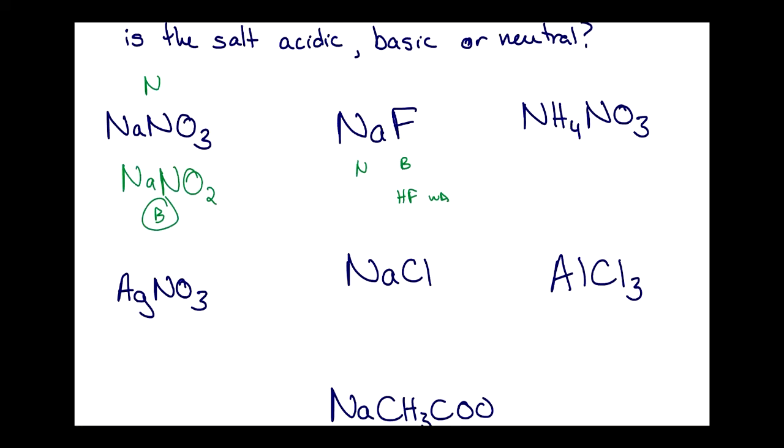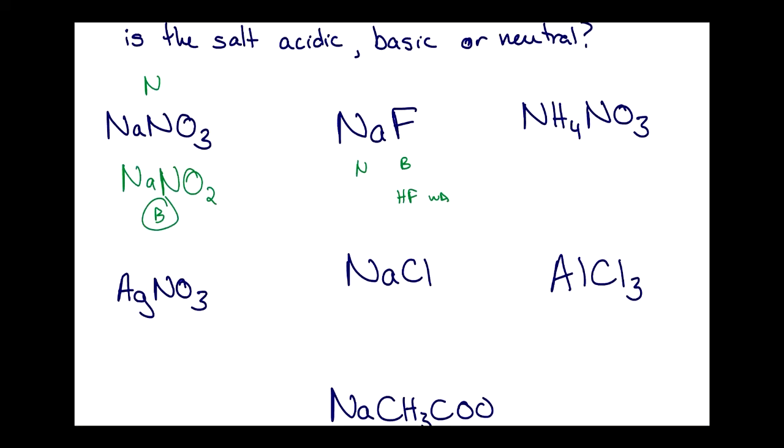What's next? Ammonium nitrate. Okay, ammonium nitrate, where are you? So nitrate, the anion, is going to be pH what? Neutral, because it comes from nitric acid. Oh, there's a lot of stuff going on here.